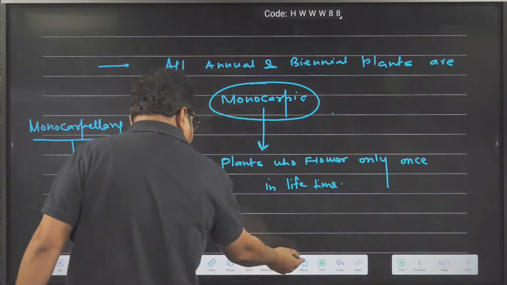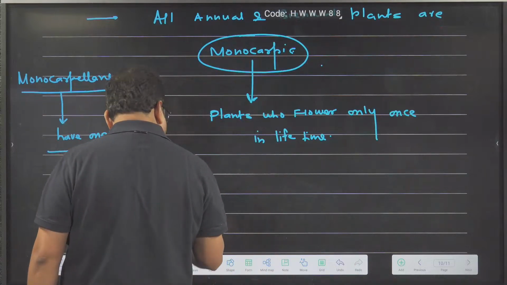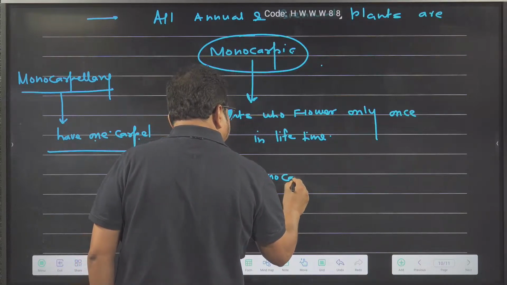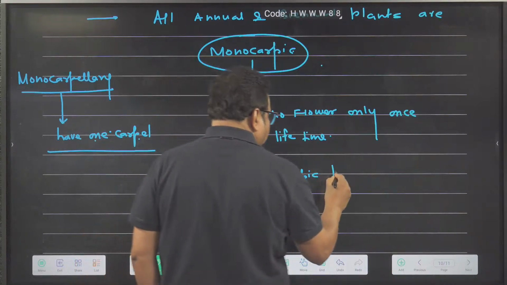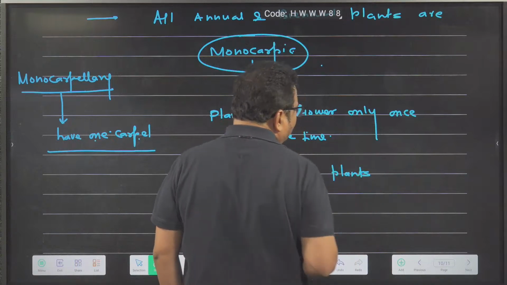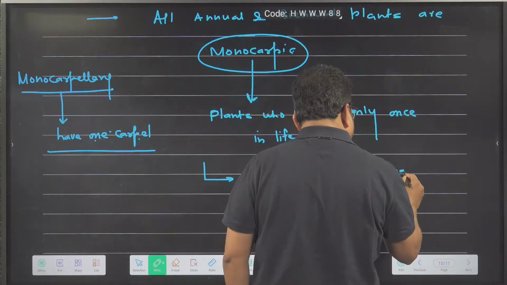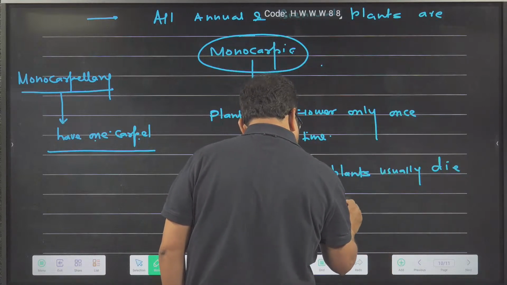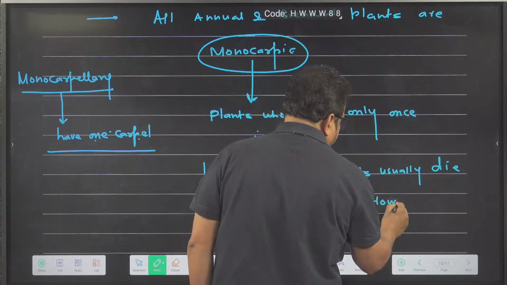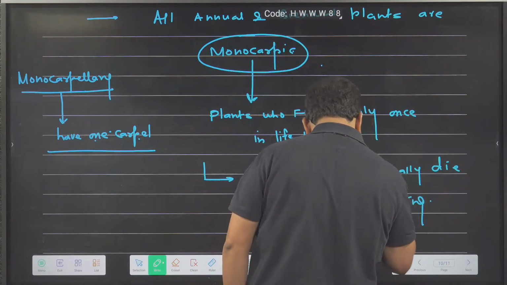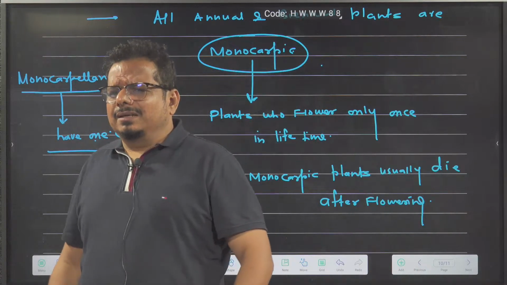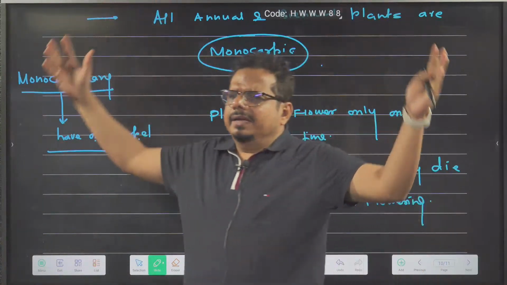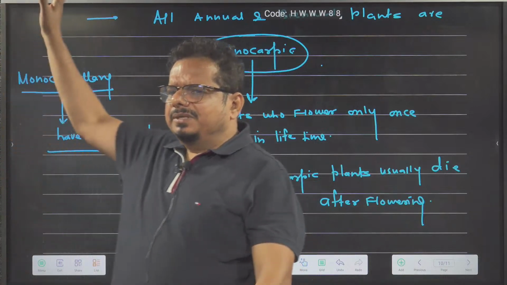And I am telling the characters of the monocarpic plant. Monocarpic plants usually die after flowering. You will say usually, see, the plant kingdom is big, so you cannot say whether any exceptions exist in nature or not.